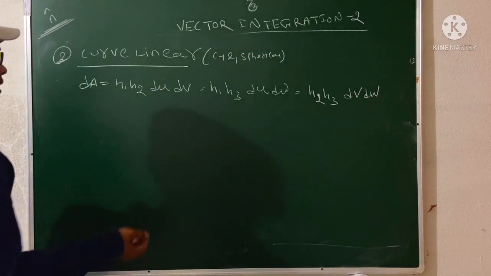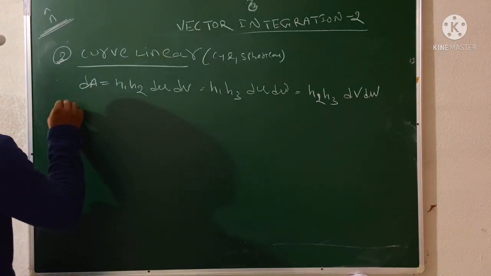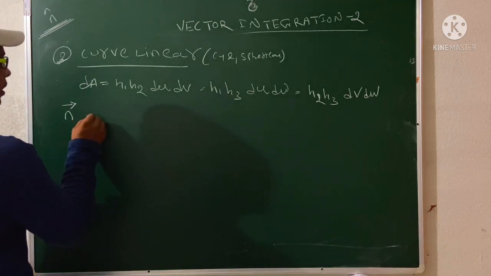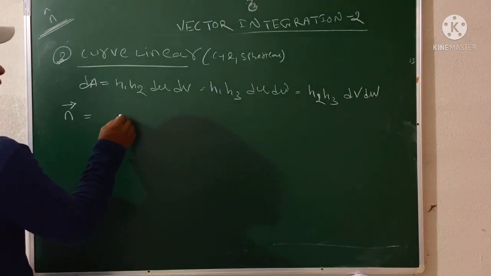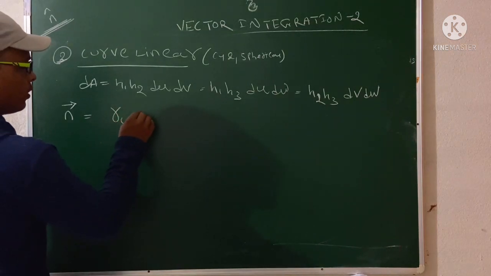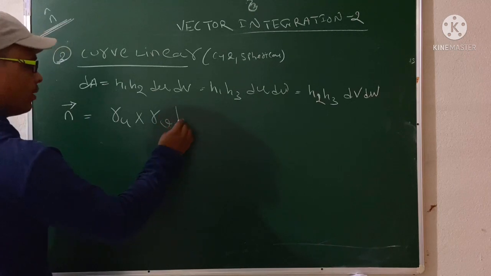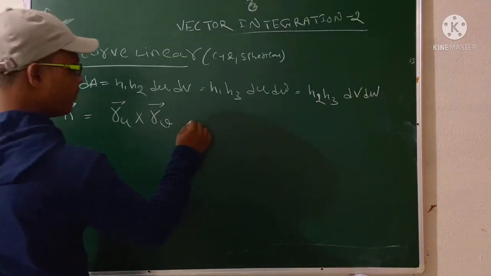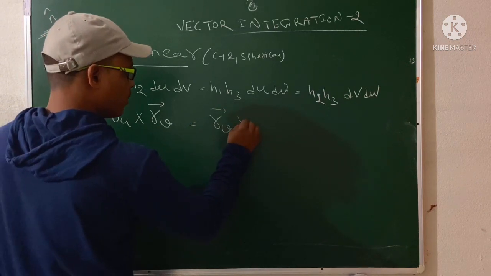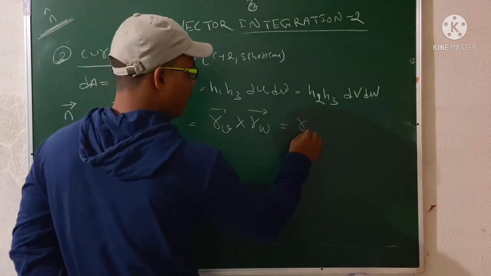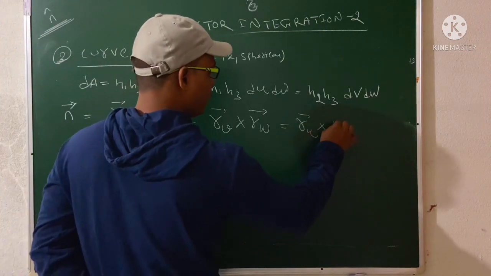Then how will you find the n cap, that is the n vector? Your n vector is nothing but r_u cross r_v, or this can be r_v cross r_w, or this can be r_u cross r_w.